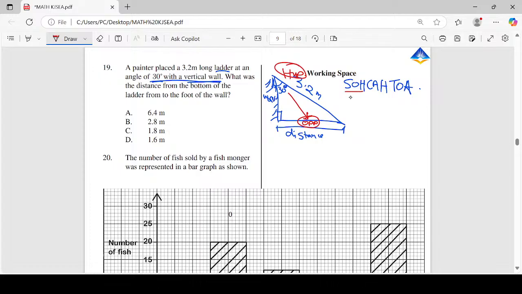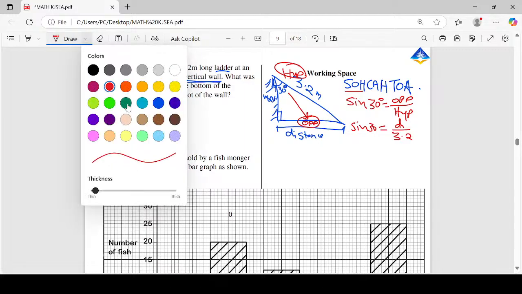So I'm going to say sine 30 degrees is equal to opposite over hypotenuse. Sine 30 degrees is equal to opposite, which we are looking for, I call it D, over hypotenuse, which is 3.2.